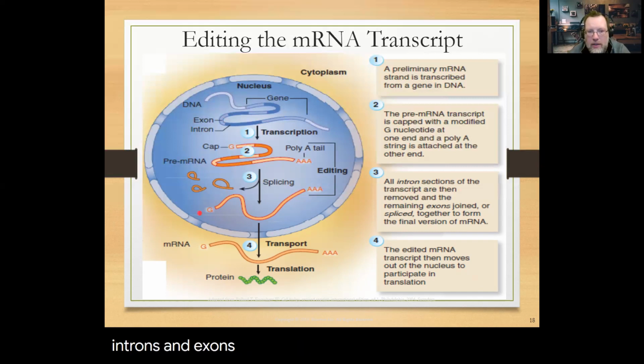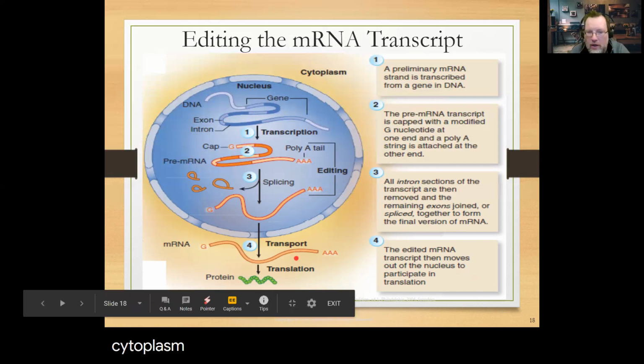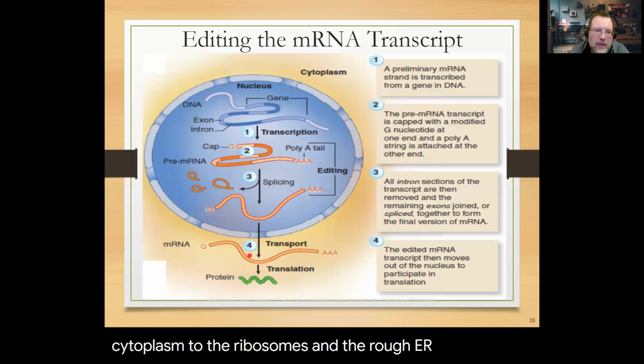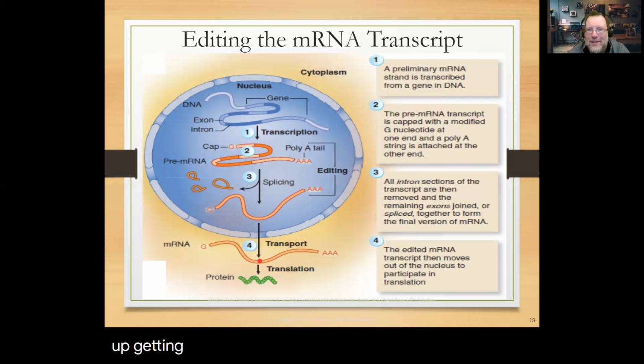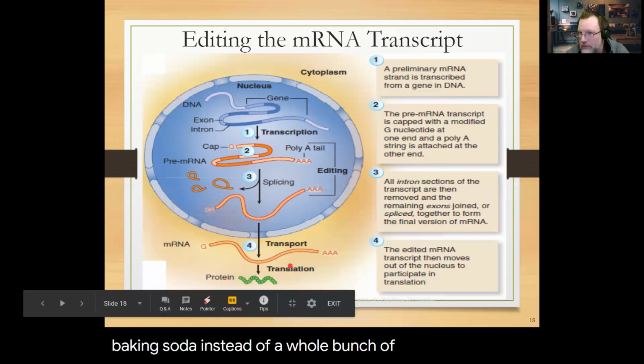Then we get a recipe that is delivered to the cytoplasm, to the ribosomes and the rough ER, and that ends up getting created. And now we have a cake with a whole bunch of baking soda instead of a whole bunch of flour, for instance.